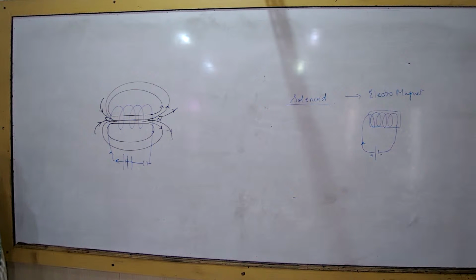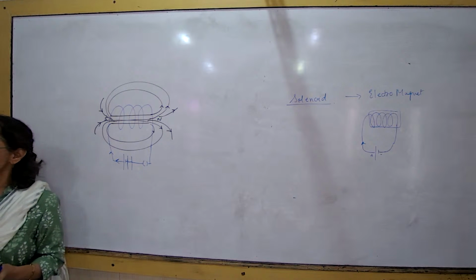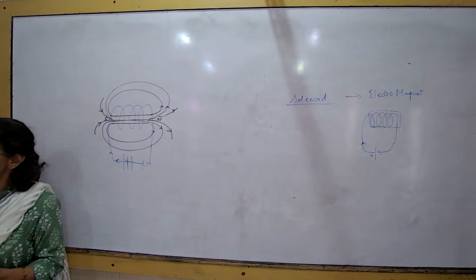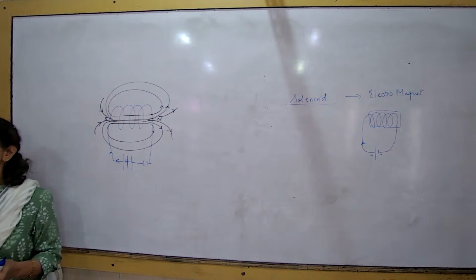When you switch on, with the passage of electric current, it is getting converted into what type of energy? Very good, mechanical energy. So a motor is nothing but a device which brings about a conversion of electrical energy into mechanical energy.